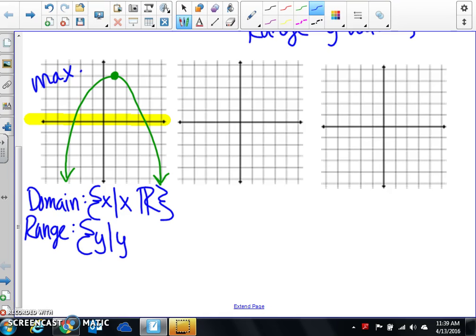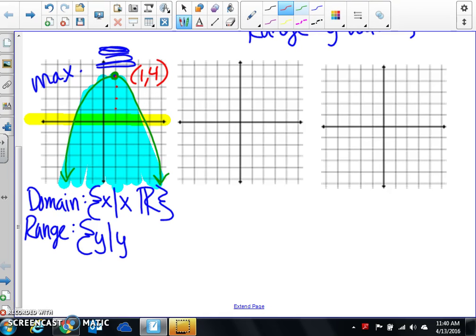The range is a whole other story, because if you look at the range, it's here, and it's all these values. So it is going to eventually get fatter this way. But we're never going to hit any of these values up here. So we have to figure out what that maximum, what that vertex point is. If I look on there, it's the point 1, 4.